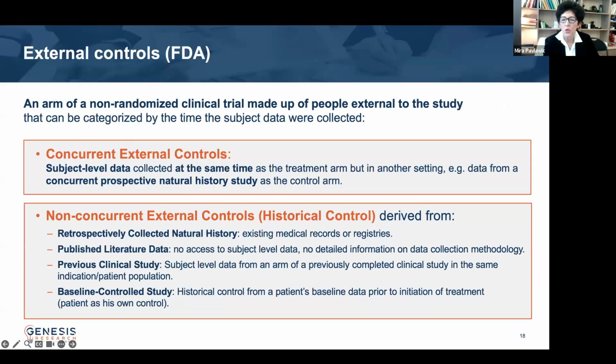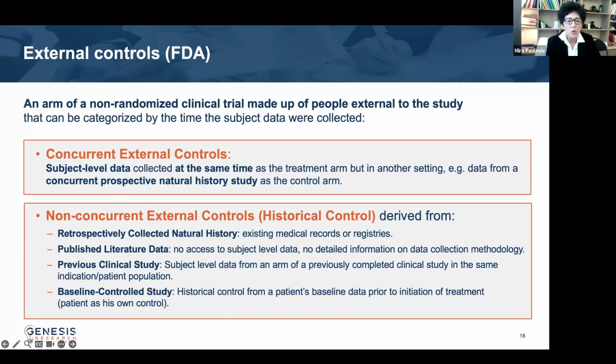This is the FDA definition, probably you're aware of. External controls can be either concurrent or historical ones. Concurrent external controls are very rarely seen because it means that subject-level data should be collected at the same time as the treatment arm, but in another setting. In this situation, very frequently, companies are asked to do a comparative randomized trial and not a concurrent external control, but it may happen.